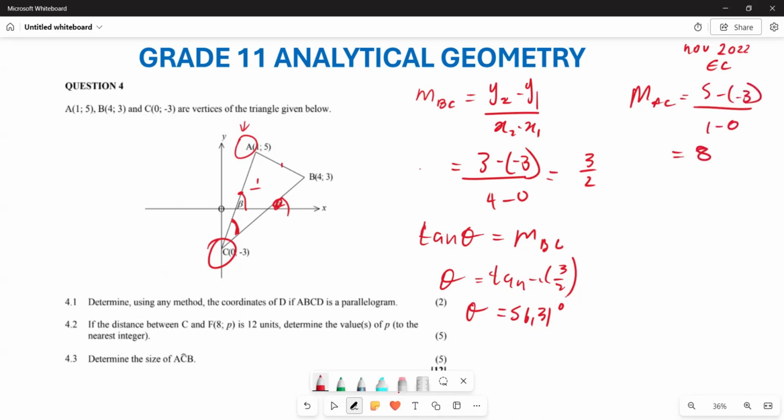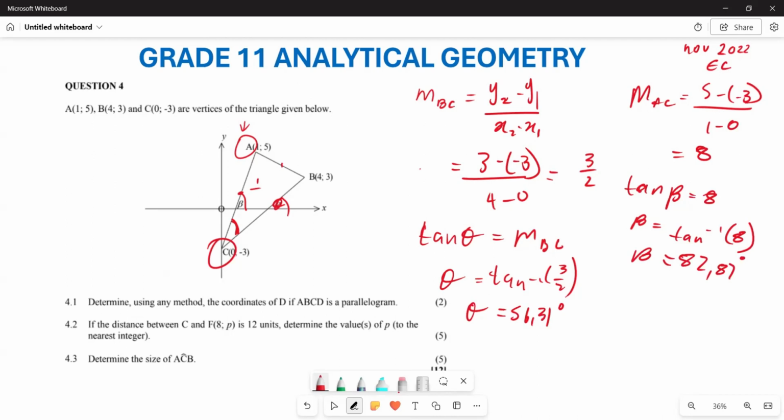Can you see that the gradient here is going to be 8, right? So when you are saying your tan of your beta is going to be equal to 8, then your beta is going to be same as shift tan of 8. Then your beta that you are going to have here, it's going to be same as 82,87 degrees. And now the beta that you are going to have, that's going to be that.